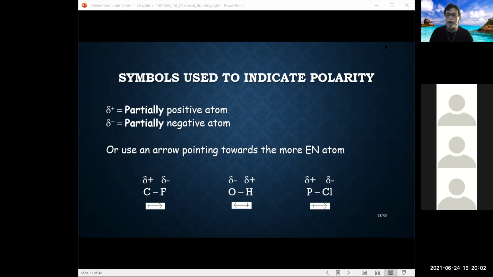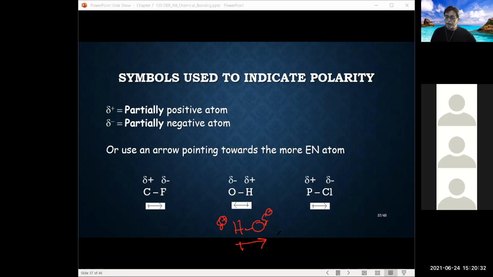If it was written the other way, with hydrogen first and oxygen after, no big deal. We're still going toward oxygen, because whether I write OH or HO, it doesn't change the polarity. It just changes which direction the arrow points.